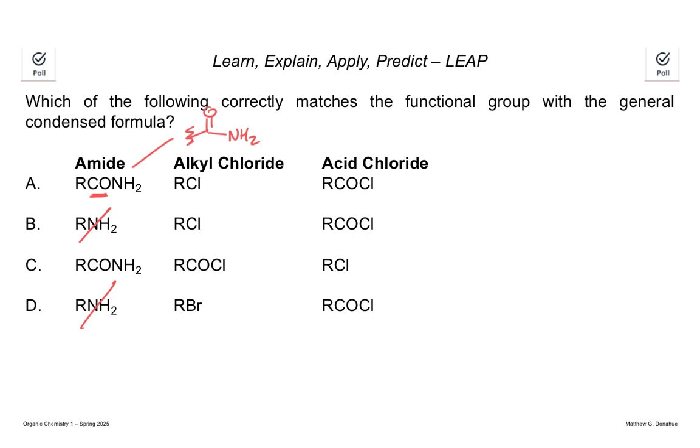So alkyl chloride just means a carbon atom sigma bonded to a chlorine. So in choice C, we see that CO, that means carbonyl, so that's out. So A would be the correct response. So alkyl chloride is this, acid chloride is that, has the carbonyl.